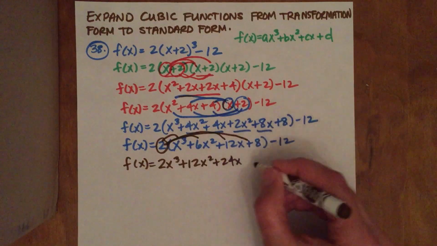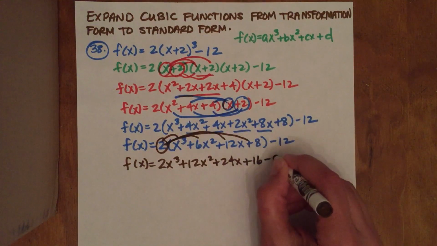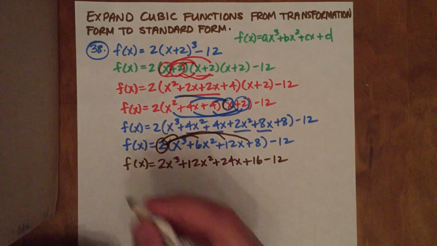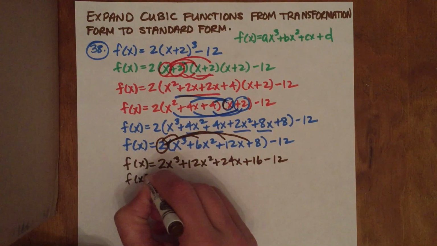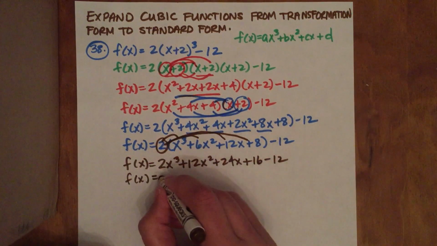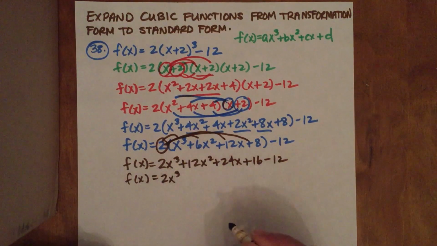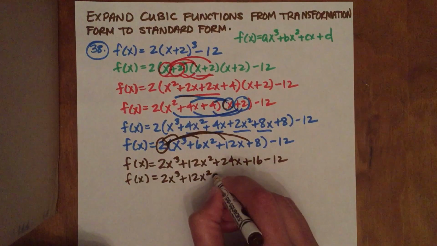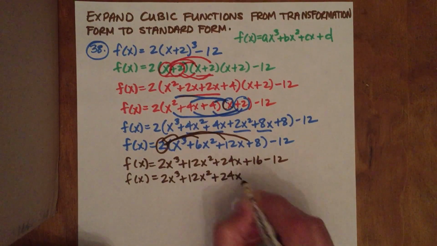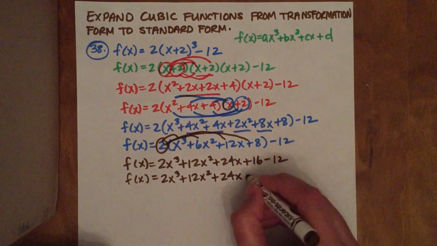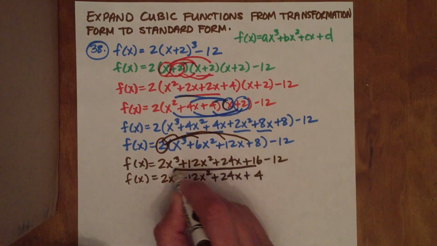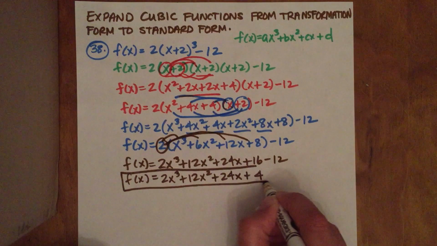And 2 times 8 is 16, and then we have minus 12 on the end. I can now combine that. So I've got f of x equals 2x cubed plus 12x squared plus 24x, and then 16 minus 12 is 4. So this is the expanded or standard form.